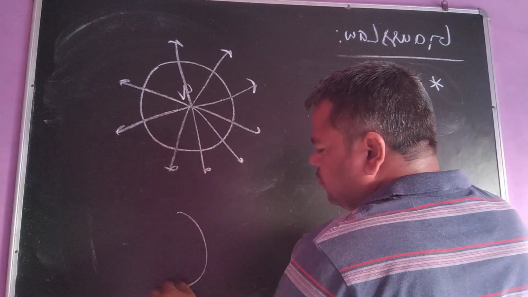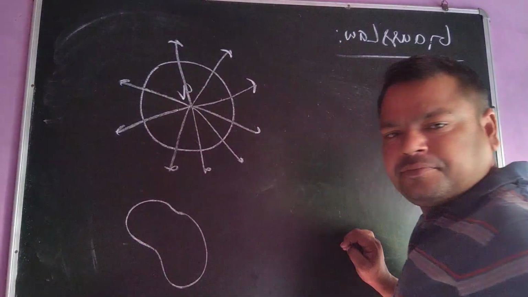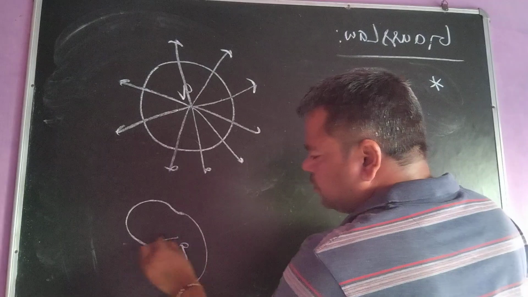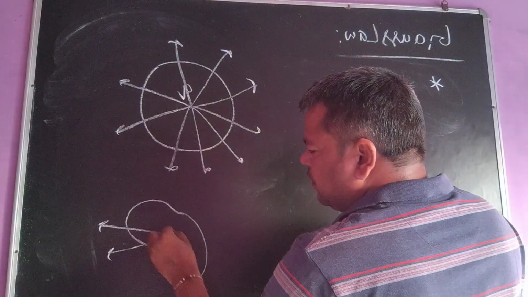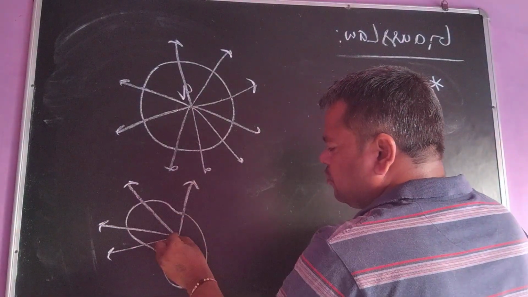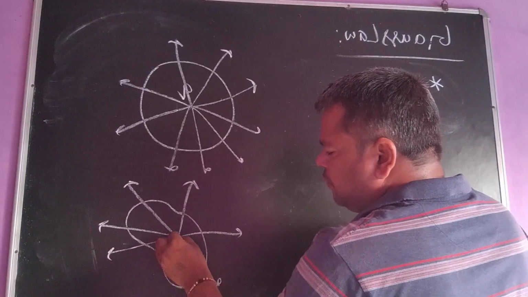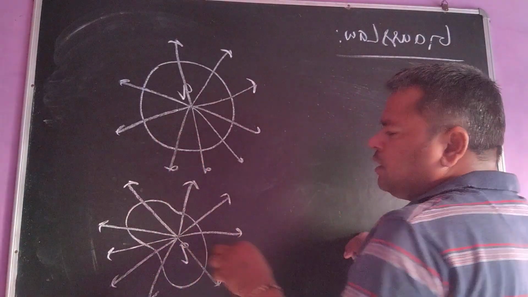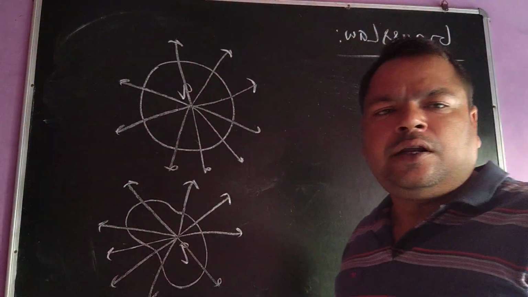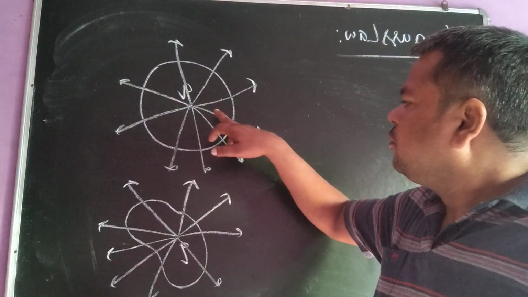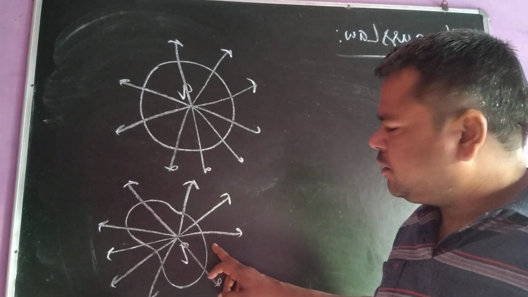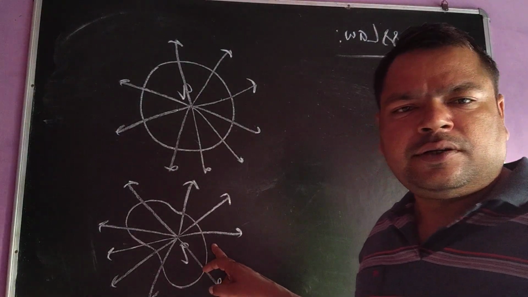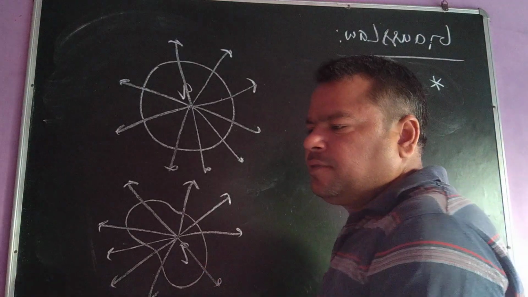And if we take another Gaussian surface of irregular shape and the total charge is also Q, the electric field lines will be like this. So the number of field lines passing through the Gaussian surface in both cases is the same. So the total flux does not depend upon the shape and size of the Gaussian surface.